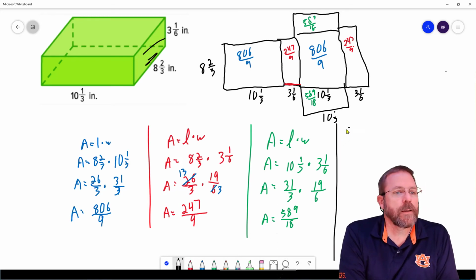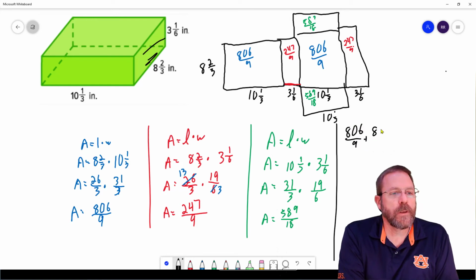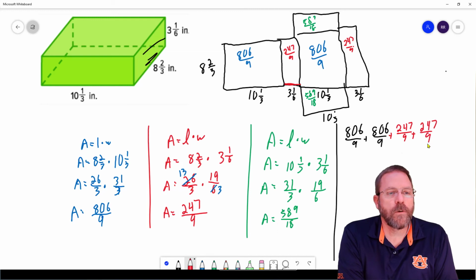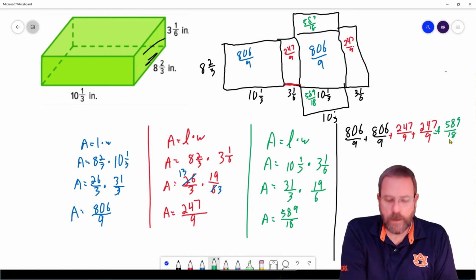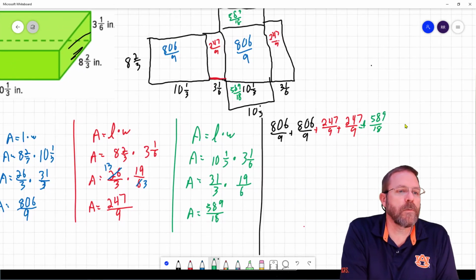So I've got 806 over 9 plus 806 over 9. Those should really be blues. Plus my reds were 247 over 9 plus 247 over 9. And then my greens were going to be 589 over 18, plus 589 over 18 again. Move our table to the side a little bit.